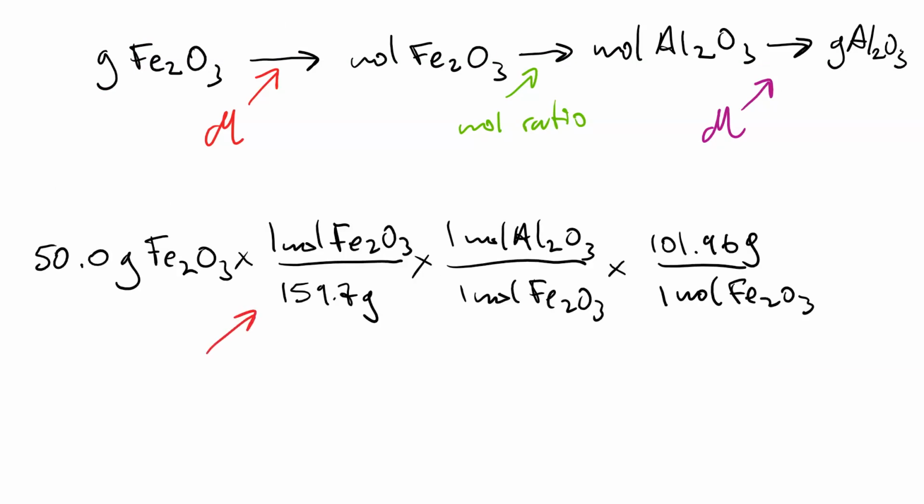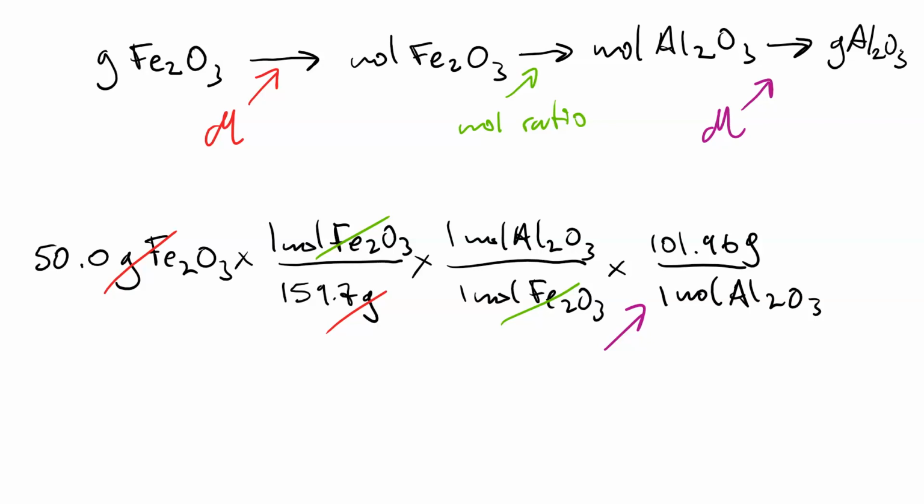My first conversion is dividing by the molar mass of Fe2O3. Grams of Fe2O3 goes away. Now I've got moles of Fe2O3, which I can convert to moles of Al2O3 using the mole ratio from the balanced equation. And then I had to calculate the molar mass of Al2O3, which is 101.96.